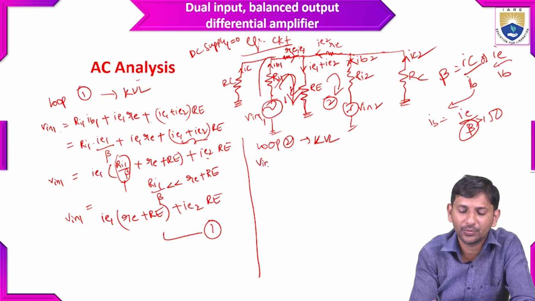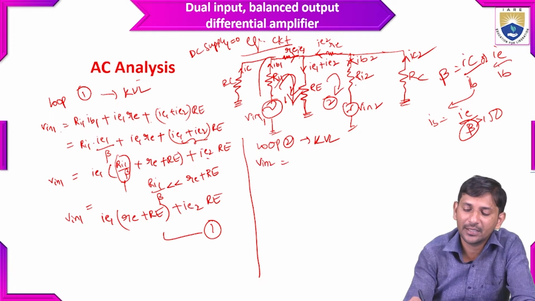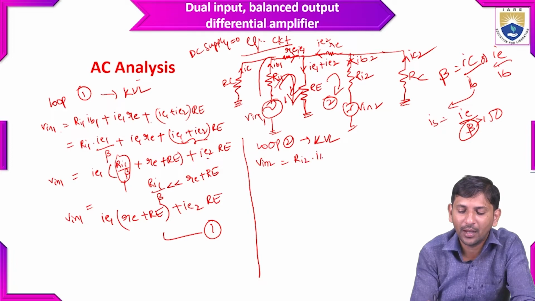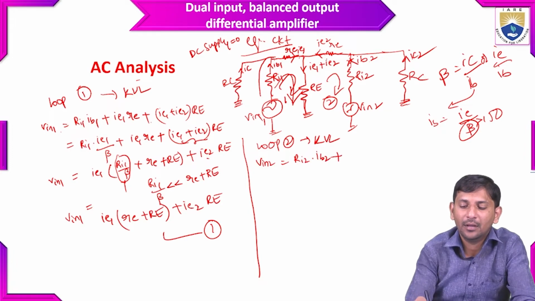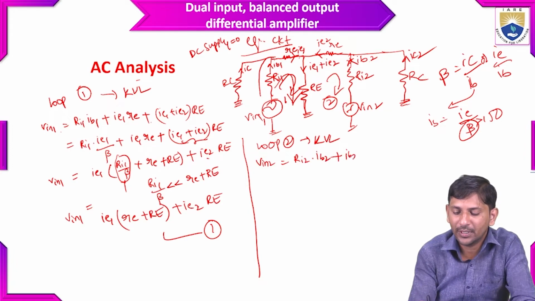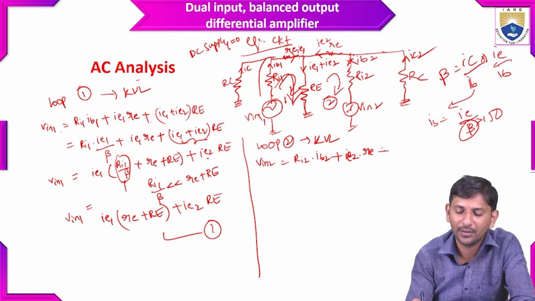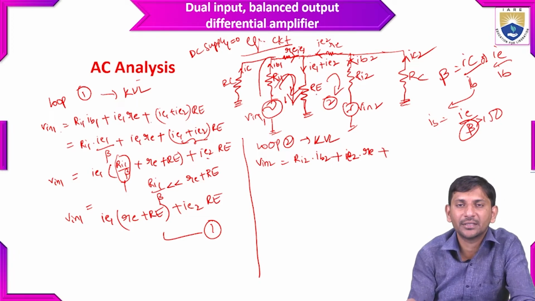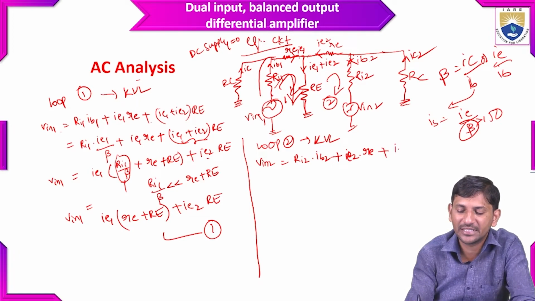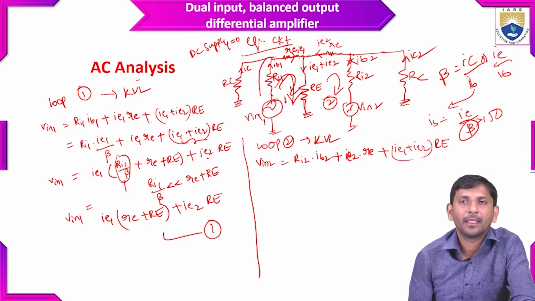So Vin2 is equal to Ri2 into IB2, plus IE2 into Re, the dynamic resistance of the emitter terminal of transistor Q2, plus the sum of the currents into the total resistance, which is (IE1 plus IE2) into capital Re.